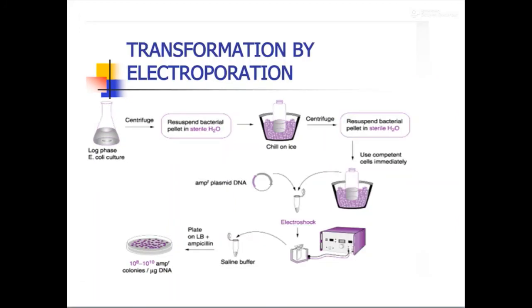In electroporation, you are giving electric pulses onto the cells so that they get small pores, and under the influence of the electric field, the recombinant DNA which we are trying to transform will enter into the competent cells, and finally they are analyzed after plating.